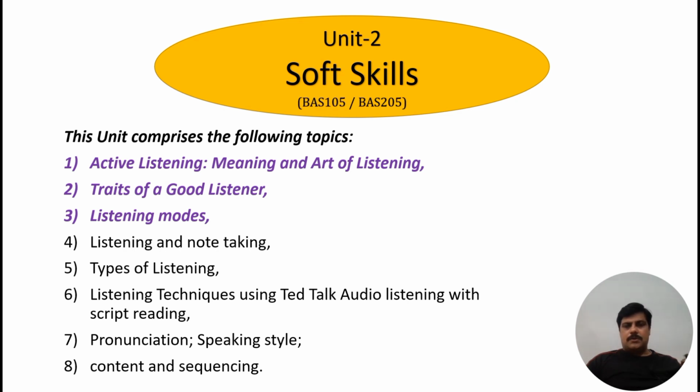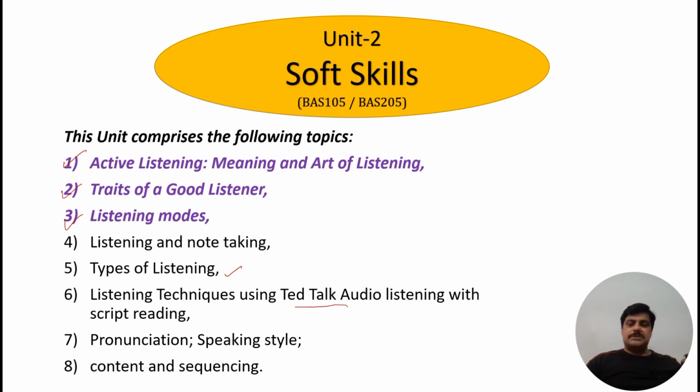Today in this video, we are going to talk about the second unit of Soft Skills BAS 105. Here in this unit, there are 8 topics: active listening, traits of a good listener, listening modes, listening and note taking, types of listening, listening techniques using TED Talk audio listening with script reading, pronunciation, speaking style, content and sequencing.